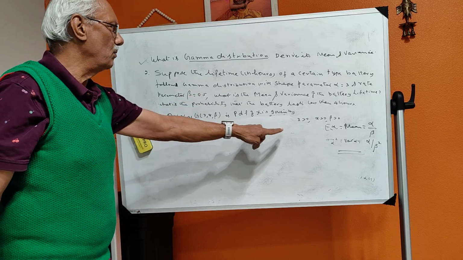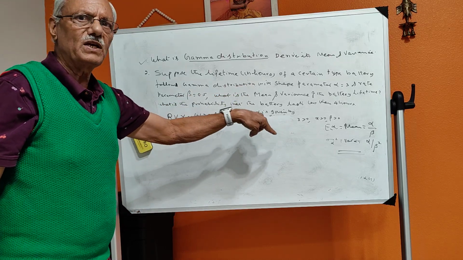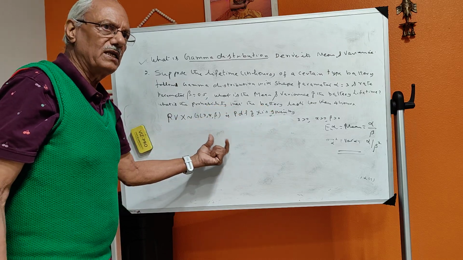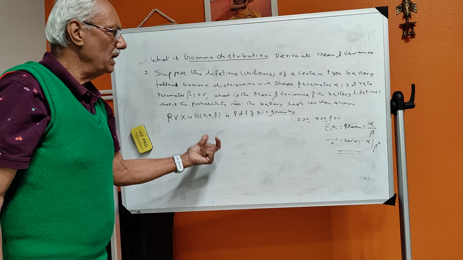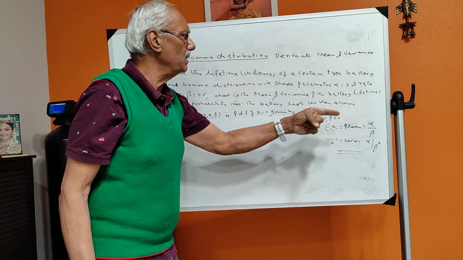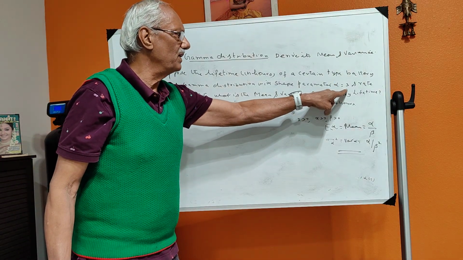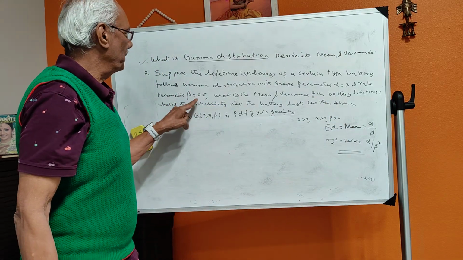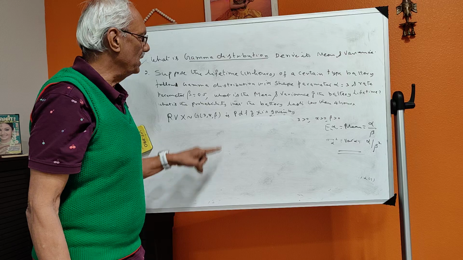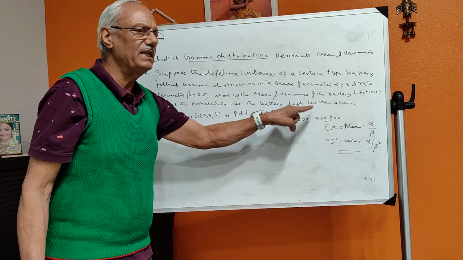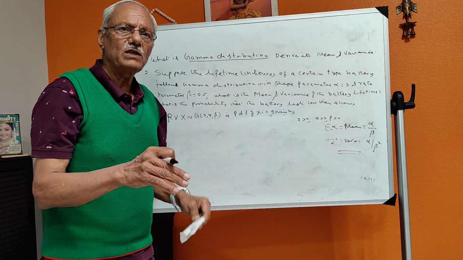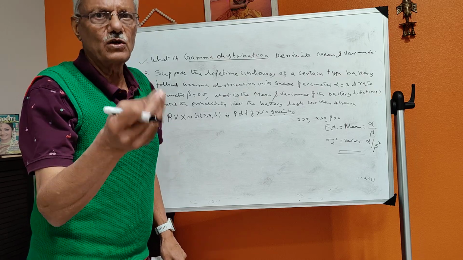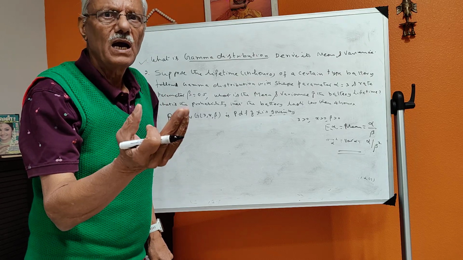The lifetime of the battery follows the gamma distribution with the parameters alpha is equal to 3, which is nothing but our shape parameter, and beta is equal to 0.5. Now we have to find, on an average, how long a battery will last. We have to give it in hours.